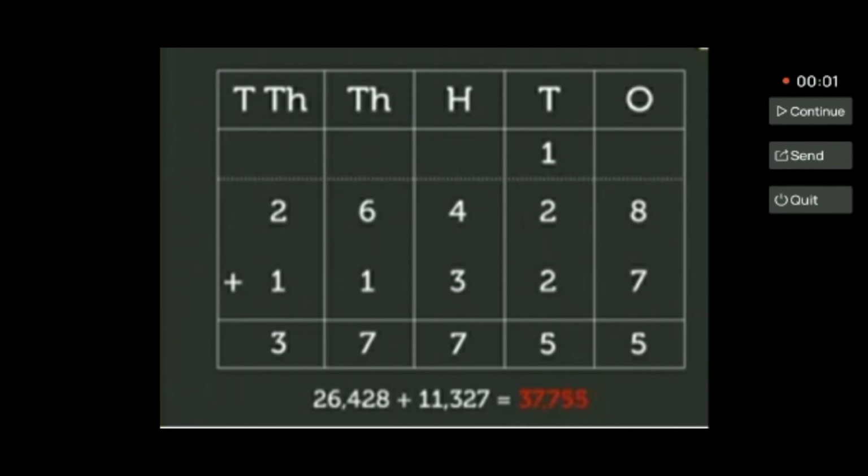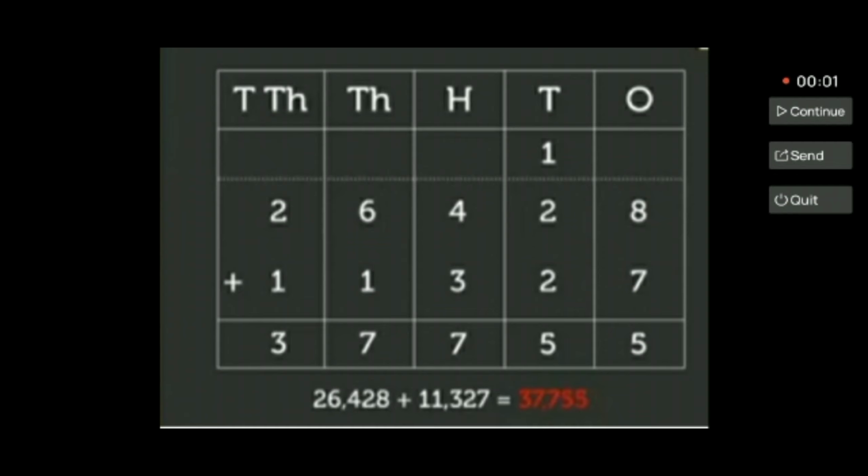Then we write these numbers in the place value chart in ones, tens, hundreds, thousands and 10,000s columns. First we add the numbers in the ones column.